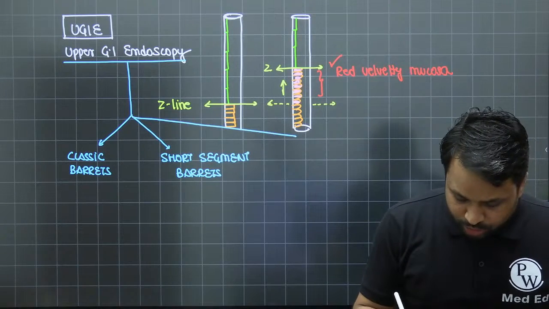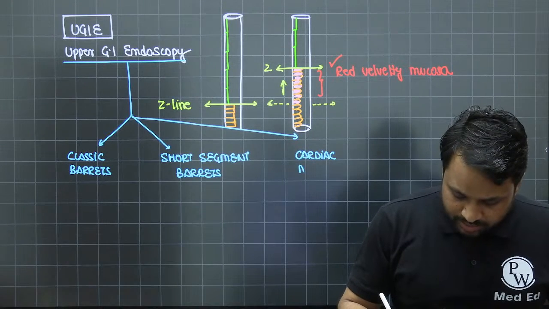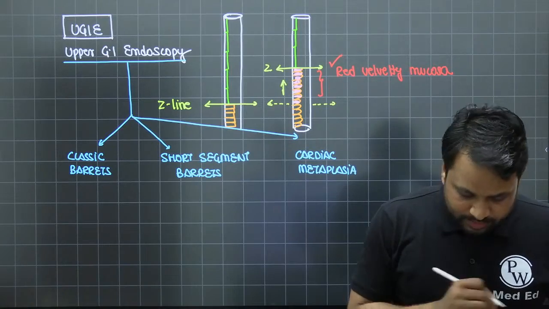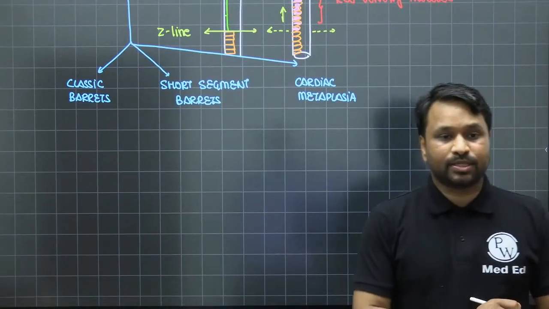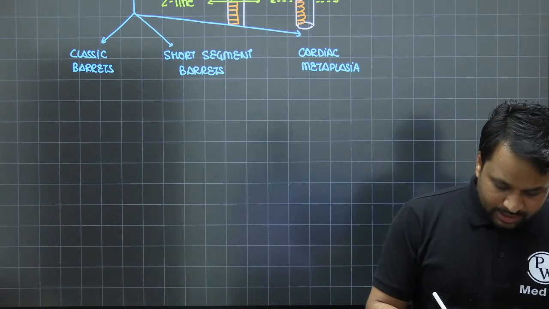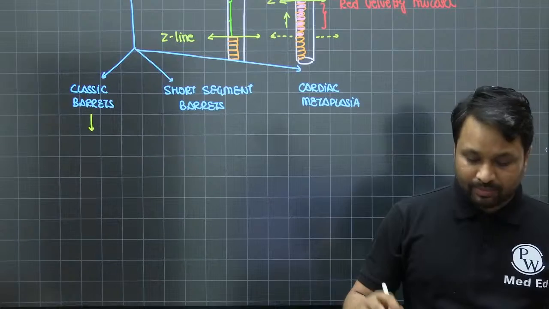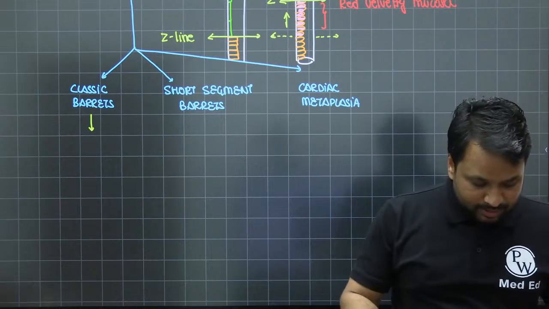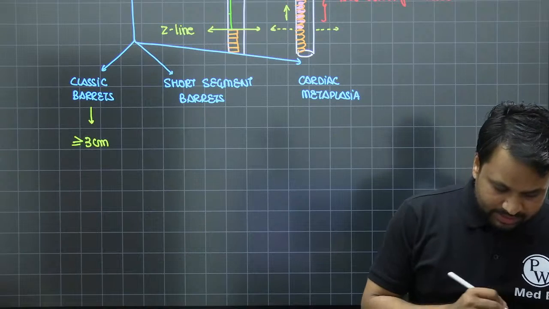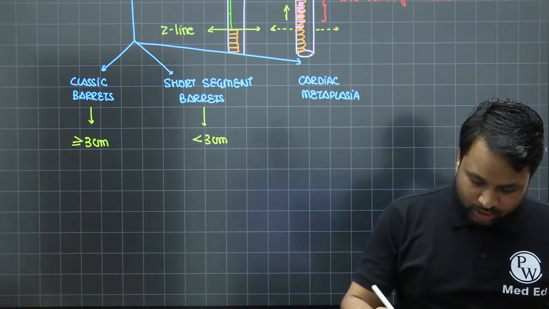And the new term that is introduced is what we call the cardiac metaplasia, right? So when I say classic Barrett's, what do you mean? Now, the length of this red velvety mucosa, this transformed or metaplastic transition length that is present, if it is more than or equal to 3 centimeters, it is classic. If it is less than 3 centimeters, it is short segment.